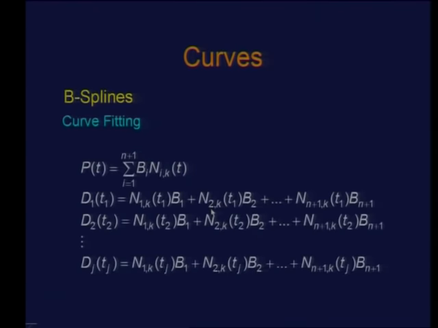So, if you look at the way we define these B splines, it is through using the control points B i's and the N i k's, where k could possibly vary from 2 to n plus 1, for some parameter value t. Fine. Now, when I say that this curve should pass through the data points, I am basically imposing constraints on this curve.